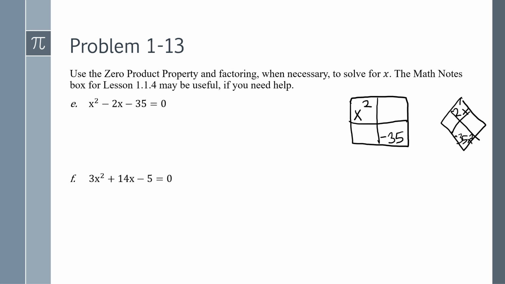So because I want an x squared product, I need two x's. Then I'm going to look at the numbers. So this is my sum, this is my product. So I need two numbers that add to give me negative 2 and multiply to give me negative 35. Well, that would be negative 7 and positive 5. So what I put in the other boxes is a negative 7x and a positive 5x.